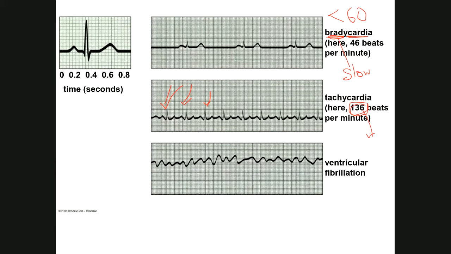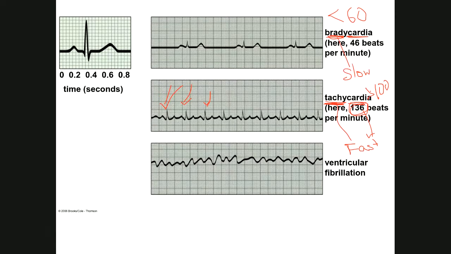And there's a word for that too. This word is tachycardia. And tachy means fast. It's when you have a heart rate of above 100 at rest. So less than 60 at rest, bradycardia. Higher than 100 at rest, tachycardia.